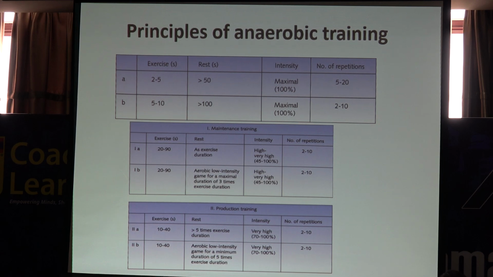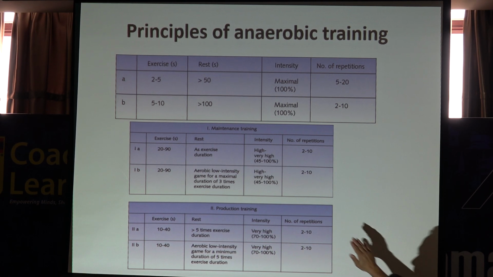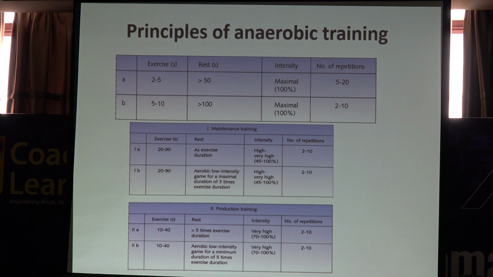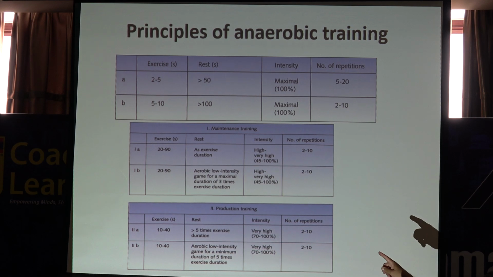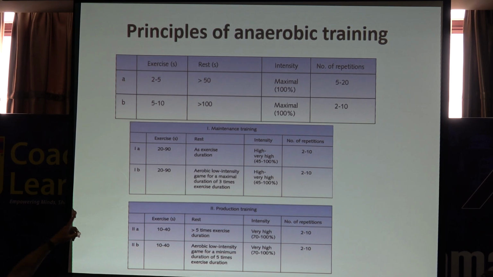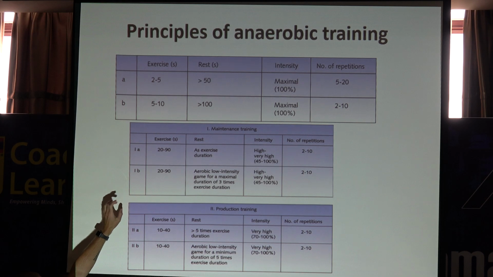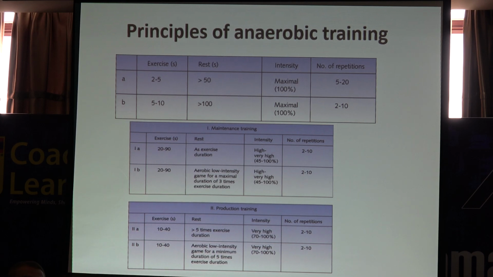So when we do anaerobic maintenance training, so speed endurance maintenance training, we can have exercise times going from 20 seconds to 90 seconds. And we can use a 1-to-1 exercise rest ratio.